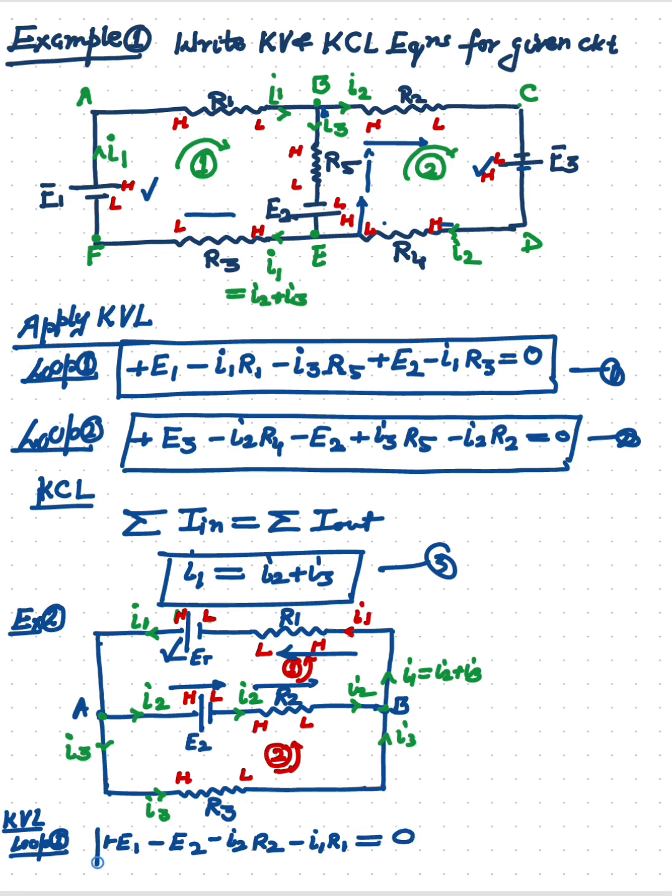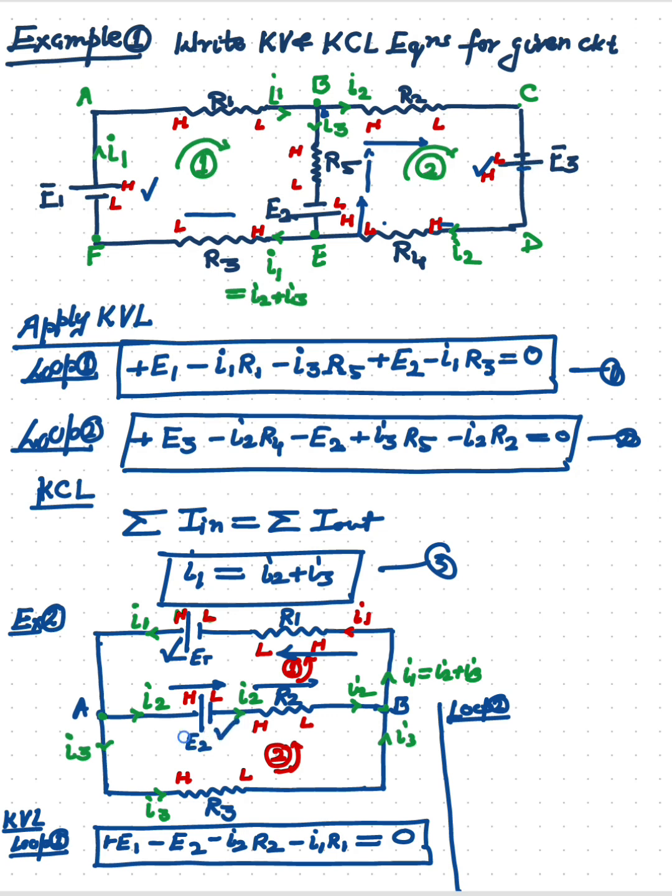So this is the KVL equation for loop 1. Okay, and for loop 2, let me write here loop 2. For loop 2, here suppose I am starting from, where is loop 2? This. I am starting from here. Okay, so we are traversing like this low to high. So E2 will be what?